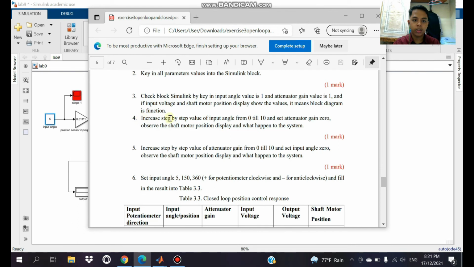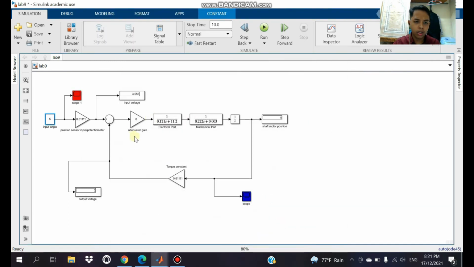We need to increase step by step the value of input angle from 0 till 10 and set the attenuator gain to 0. The attenuator gain is 0 and I set the input angle to 5 and get the result.